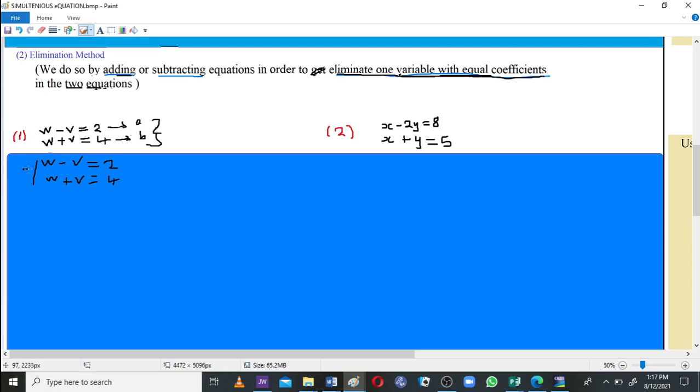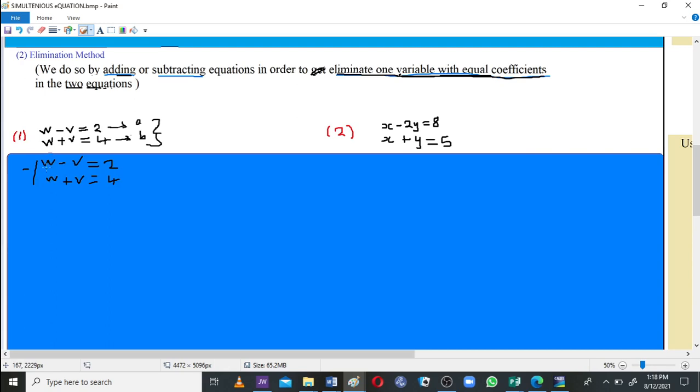Suppose you decide to subtract so that you can eliminate w. By eliminating, I mean you choose which variable you want to be equal to 0, and w can only be equal to 0 if we subtract.